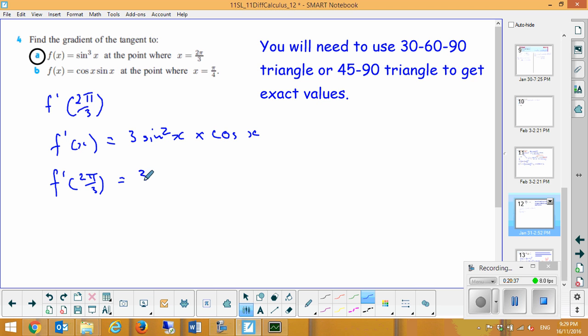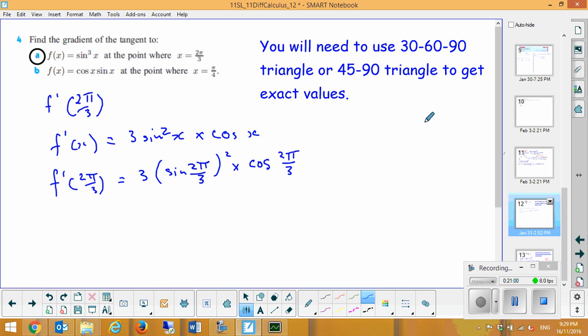So substitute in sine of 2 pi on 3, and that needs to be all squared, times cos of 2 pi on 3. Of course you're then going to need your triangles to work that one out.